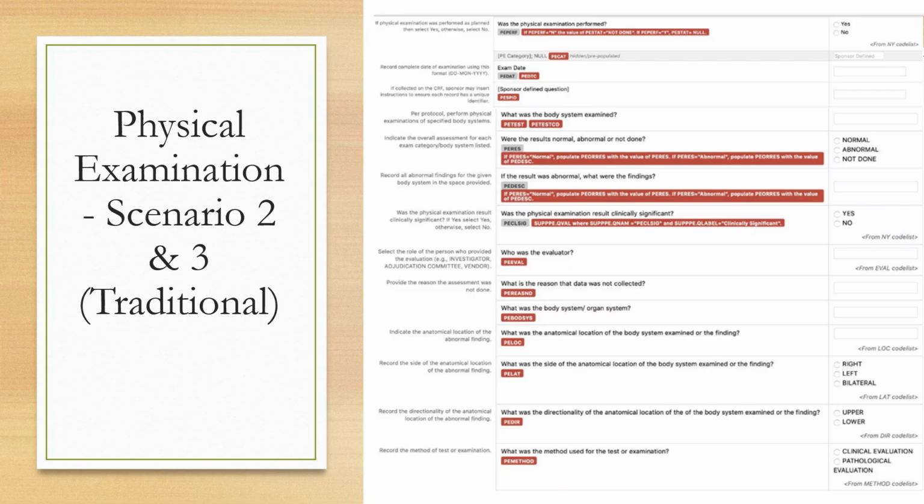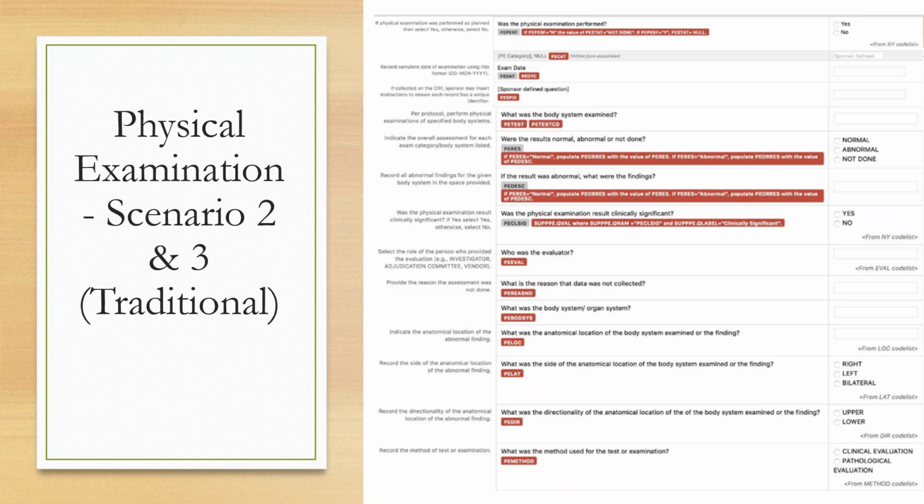Now, according to the CDISC implementation guide assumptions, when sponsors choose to use a traditional PE CRF question, that is, whether the exam was done or not, in scenarios 2 and 3 we will capture that information in your PESTAT.